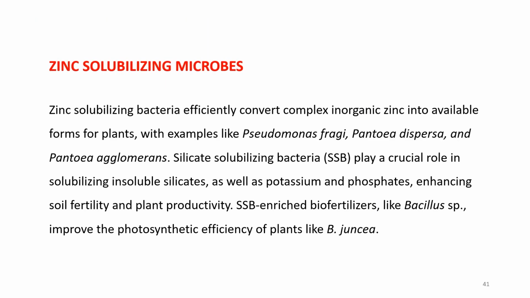The next important type are microbes which can solubilize zinc, or zinc solubilizing microbes. For example, zinc solubilizing bacteria efficiently convert complex inorganic zinc into forms available to plants, with examples like Pseudomonas fragi, Pantoea dispersa, and Pantoea agglomerans.